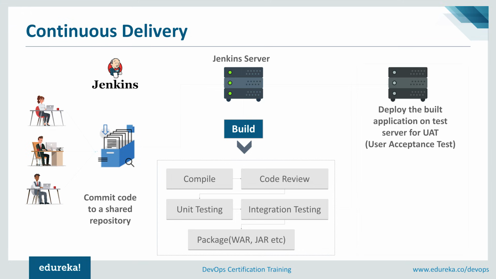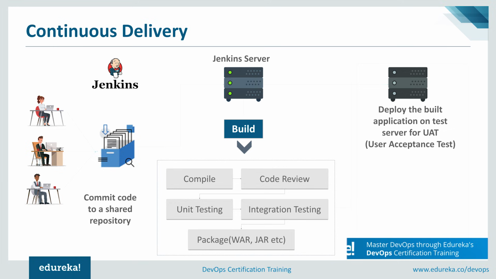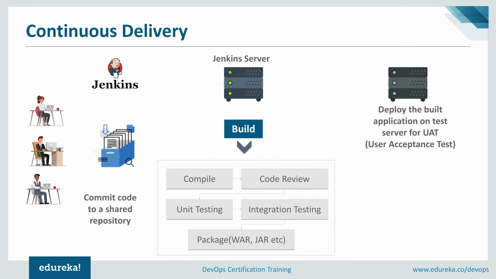After the stage of continuous integration, we have continuous delivery. As we move on through the various stages in the pipeline, we finally deliver the product, because as soon as it passes the tests and the new features become functional, it can be used as the final version of the product. So everything happens in a continuous way. The product is built, the product is tested, the product is then deployed onto the prod servers.